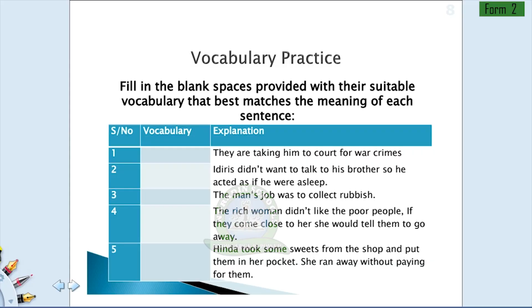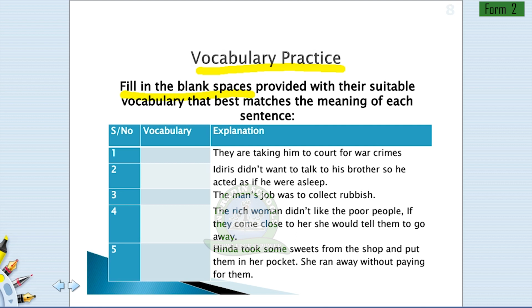Here we have got a description or explanation. We just want to practice again and again in order to understand these words, in order to make this vocabulary into our active vocabulary. That means the vocabulary that we use mostly.